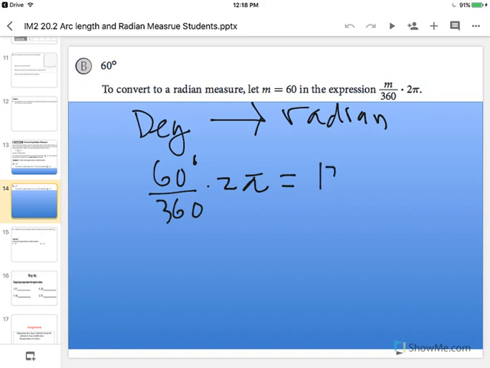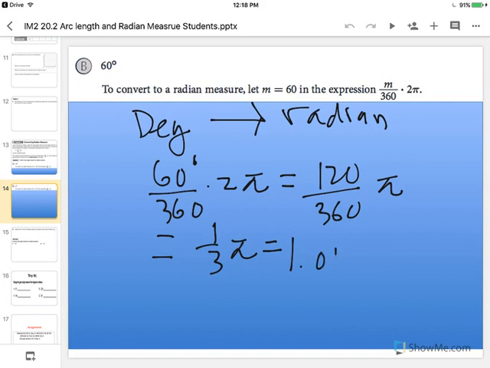So this is 60 times 2, which would be 120 over 360 times pi. So this is 1/3 pi, or you can change it into a decimal. So it is 1.046, and this is in terms of radian.